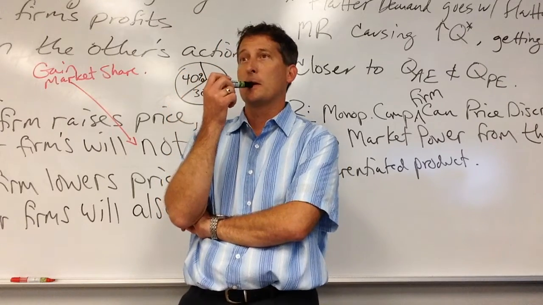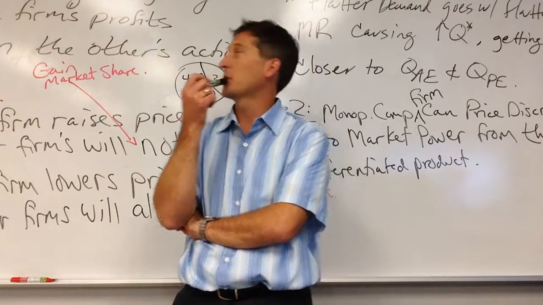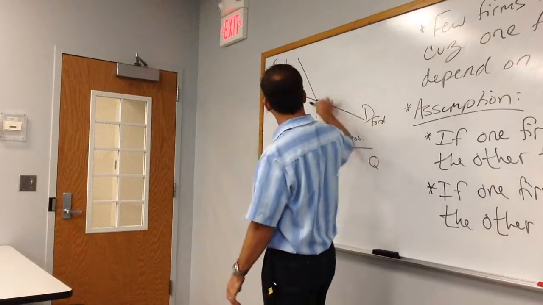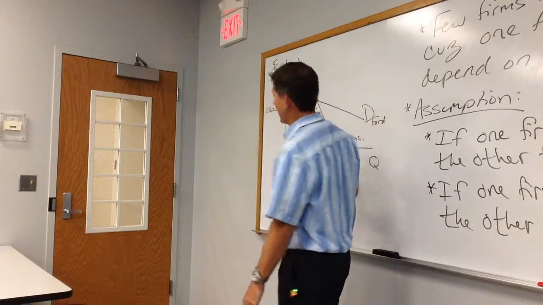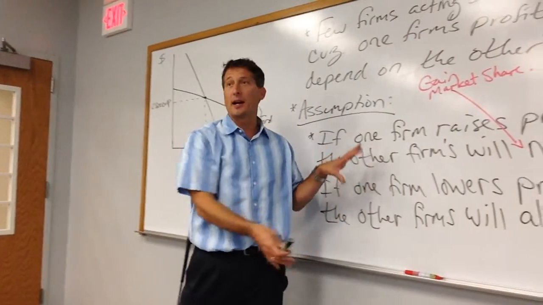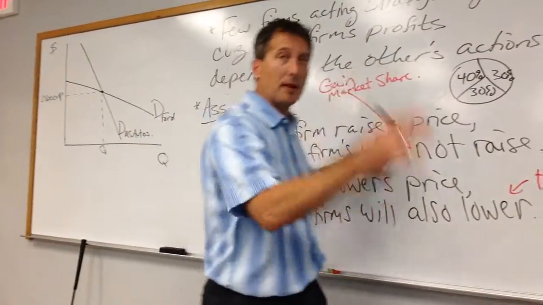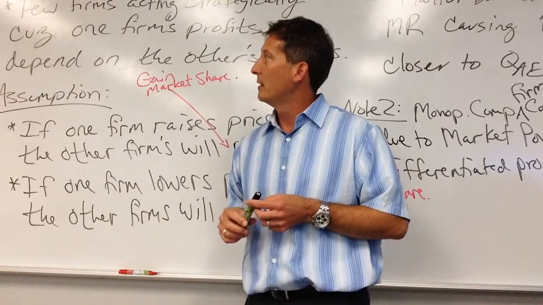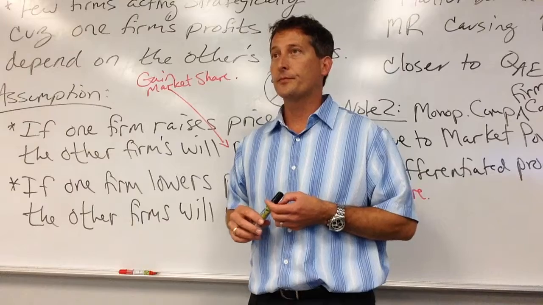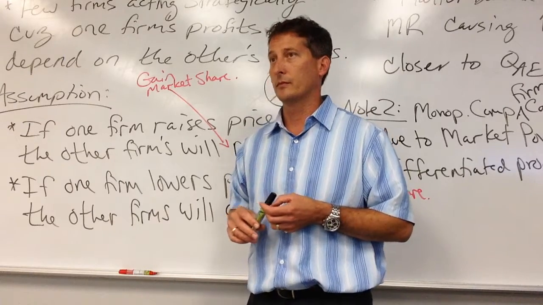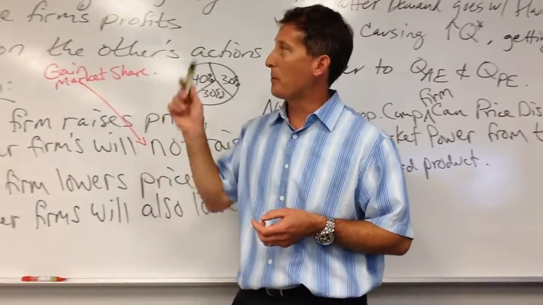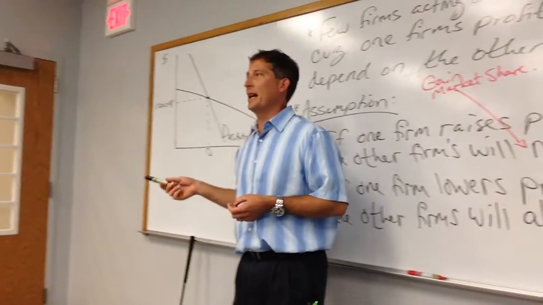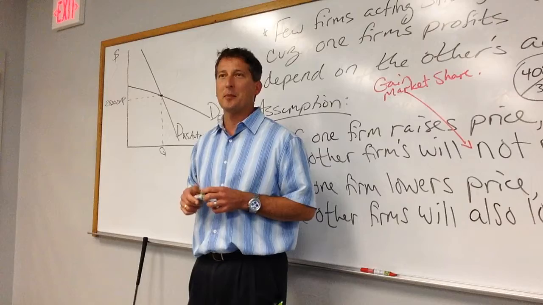You said if Ford raises their prices, which line do they follow? If Ford raises their price, are they going to follow the Ford line or the U.S. auto? Remember, we've got this behavior going on that some prices might be changing, others might not. They don't follow the Ford line because the rest of the competition is not going to raise the price. Okay, and was that part of what we did with the law of demand? What was that answer for your test question at the bottom of the page?